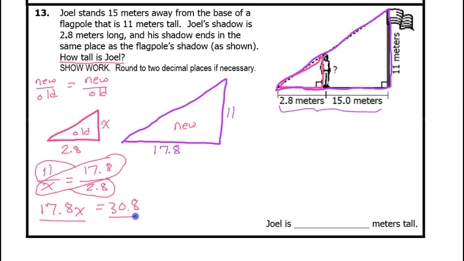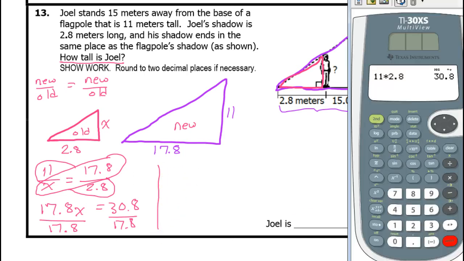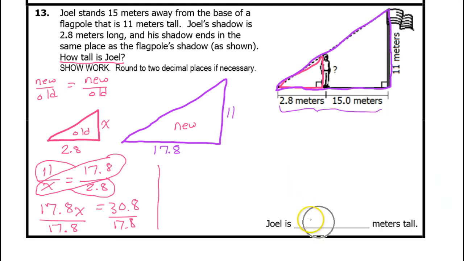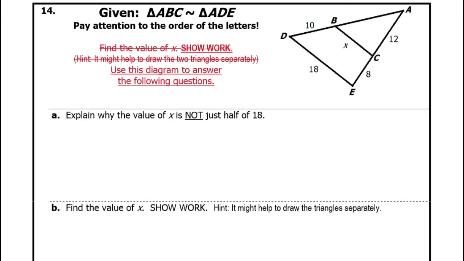Then it's time to divide both sides by 17.8. It says round to 2 decimal places if necessary, so that'll be 1.73 meters tall.